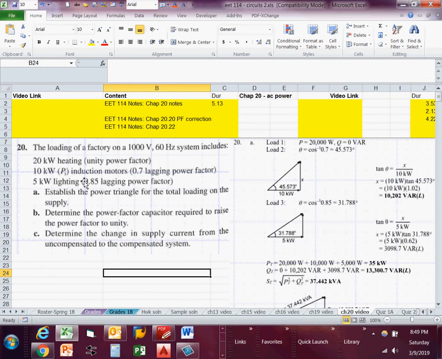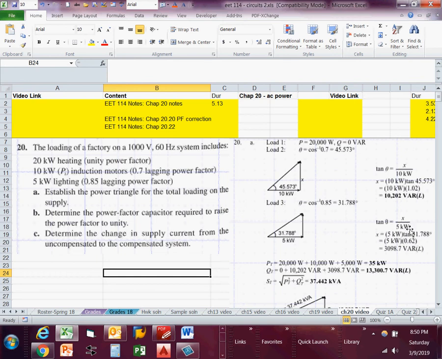And then for the last load, load number 3, again you do the same process. Theta equals the inverse cosine of 0.85 equals 31.788 degrees. So you write that in here. This is P. The inverse tangent of Q divided by P. This is the formula.